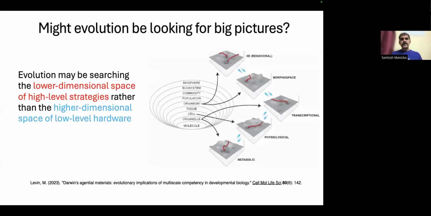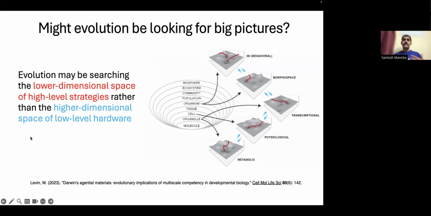There is also this more interesting question of whether evolution may be designing organisms that have these high-level strategies, but it's not evident to us. It's kind of hidden in plain sight. That's the thesis that Mike Levin, who is the director of our lab, posited in his recent paper.